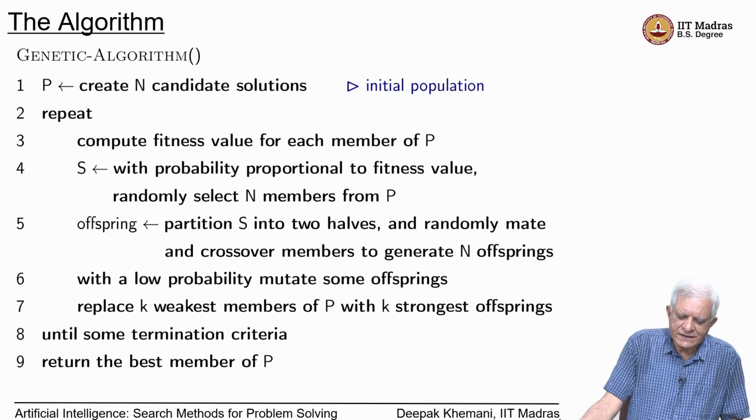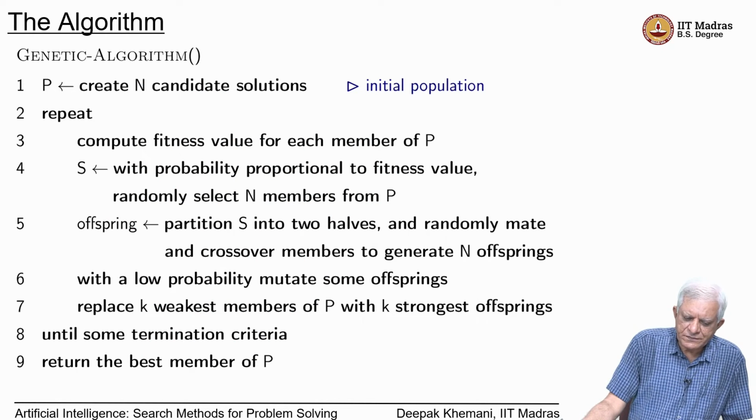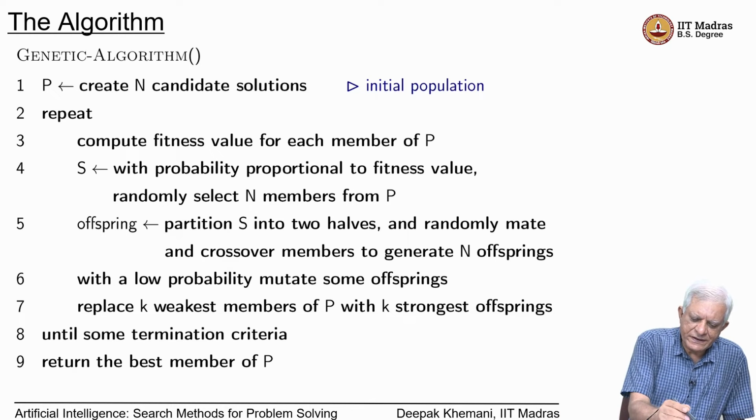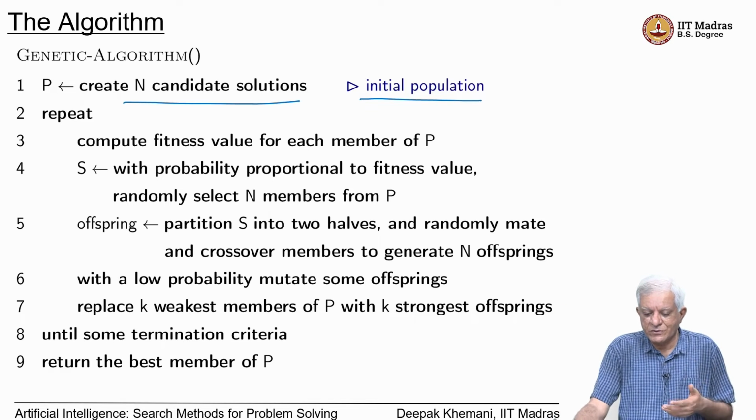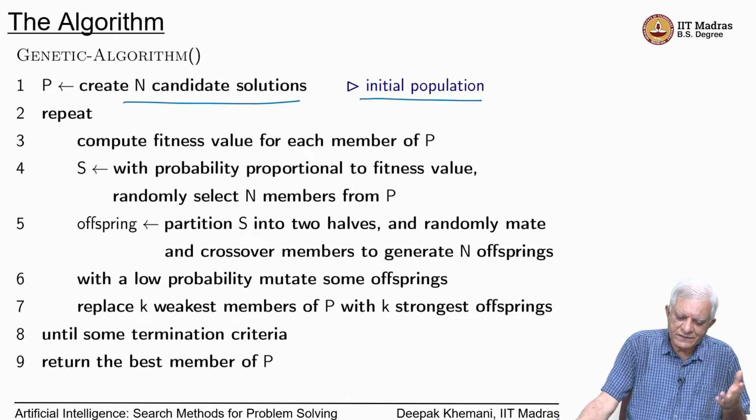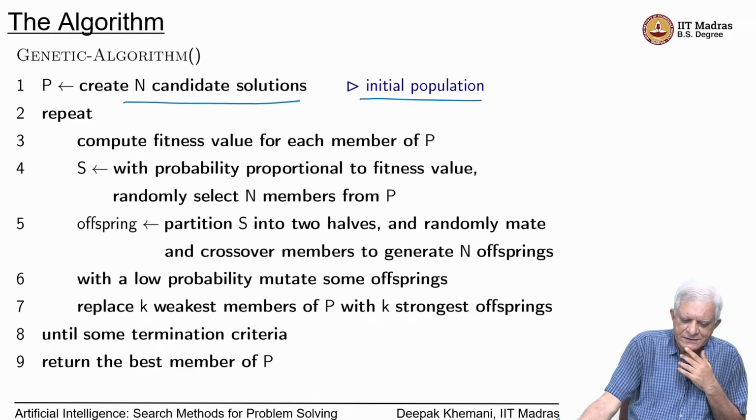So, this is a genetic algorithm. We start with the initial population of n candidate solutions. This is just the initial population. It can be randomly generated, or it could be generated through other means. For example, you might have tried simulated annealing or iterated hill climbing or something like that. Basically, you have generated n candidates.